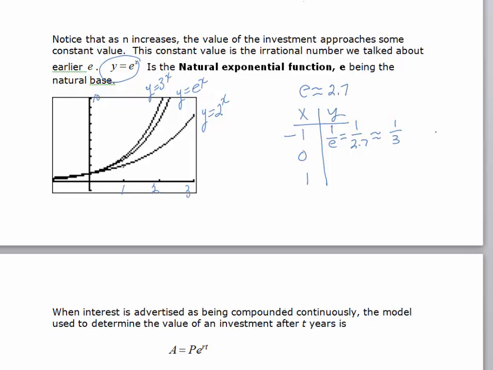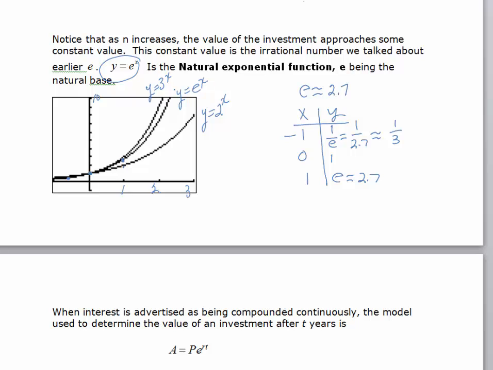And again, we're graphing these by hand, so you're going to eyeball that at around a third. 0, e to the 0 is 1, e to the 1 is just e, or approximately 2.7. So you can see that at 0, 1, here's the graph of e to the x, it goes through 1, 2.7, and -1, approximately a third.